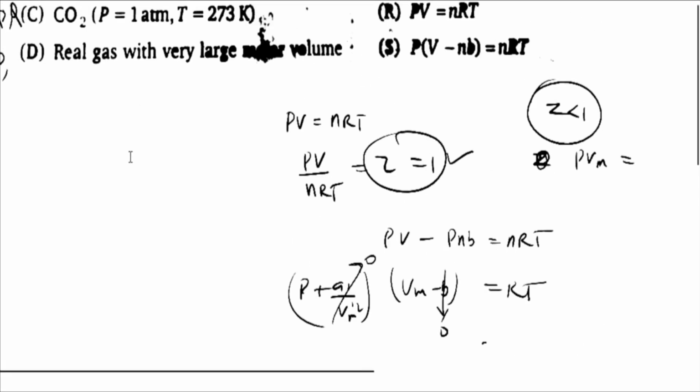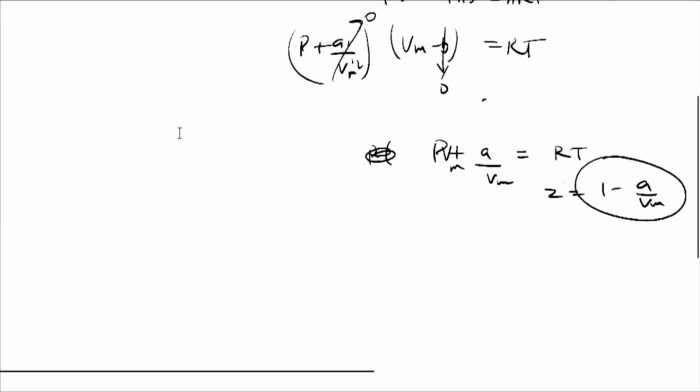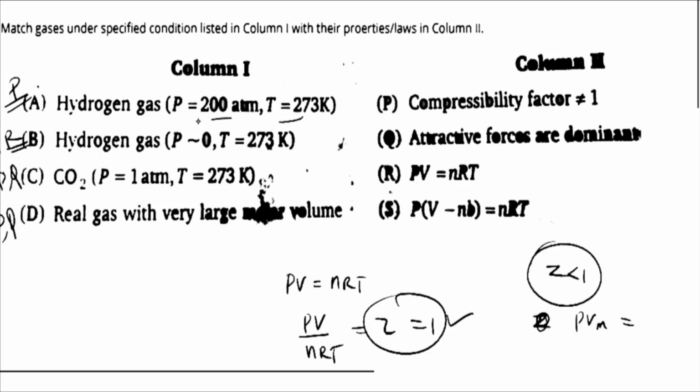So this is attractive forces dominated. So P is this, PQ. PQ is there. So these are the correct options.